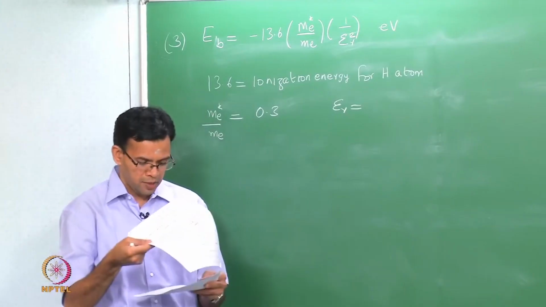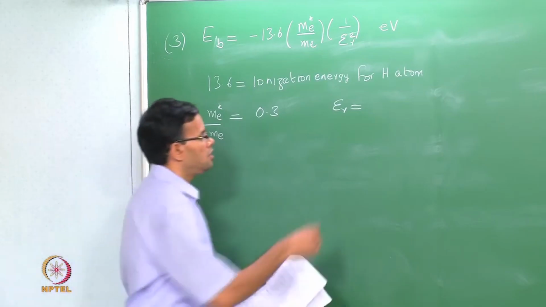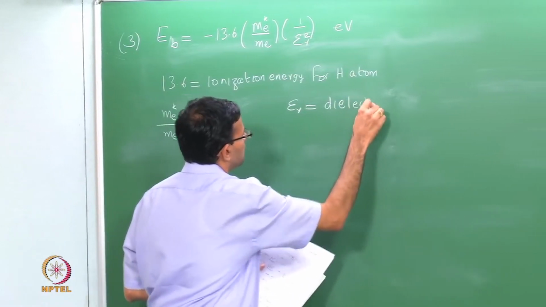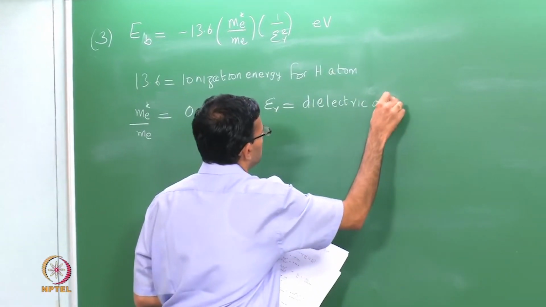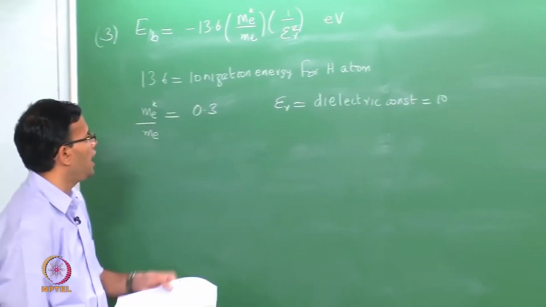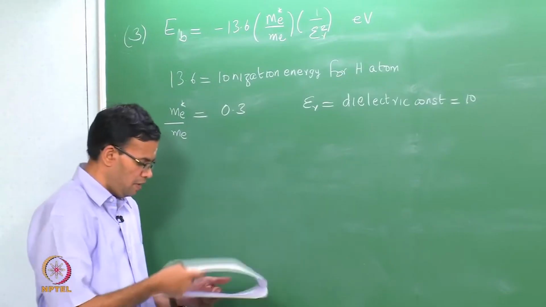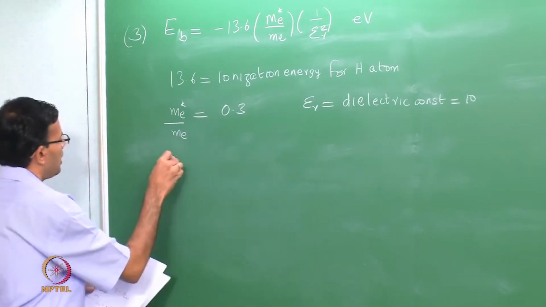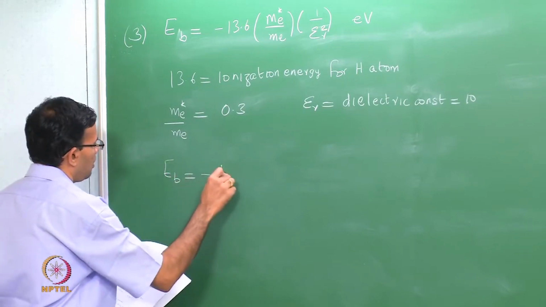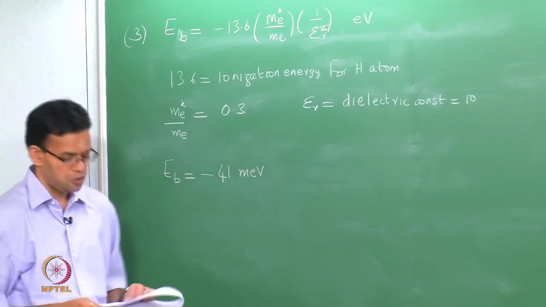So, again for this particular problem the permittivity or the dielectric constant is given as 10. So, we have all the values that we need, we can substitute that and evaluate Eb, and Eb if we calculate comes out to be minus 41 milli electron volts.